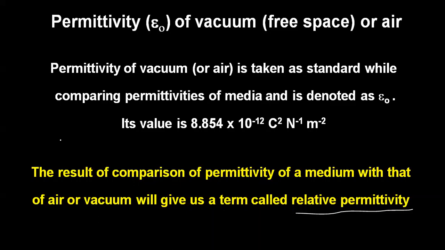If I want to compare A and B, I have to find the ratio of A and B, so A divided by B or B divided by A. So whenever I compare permittivity of one medium with the permittivity of standard, that is air or vacuum, the result I get is called relative permittivity. Just be familiar with the term relative permittivity at present.